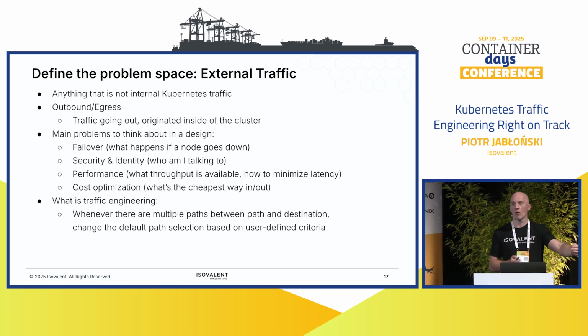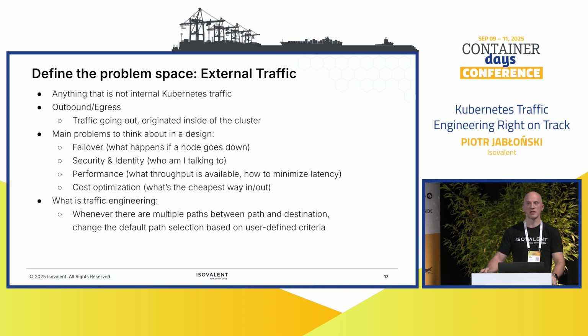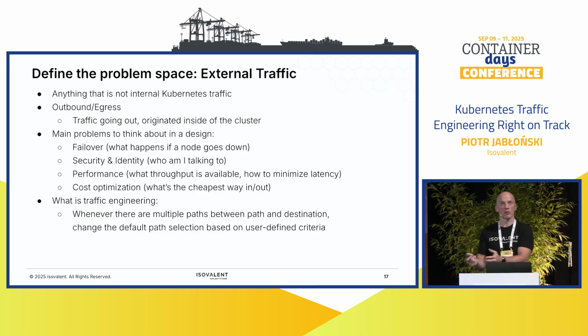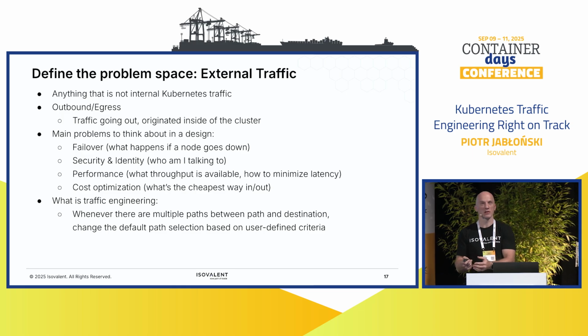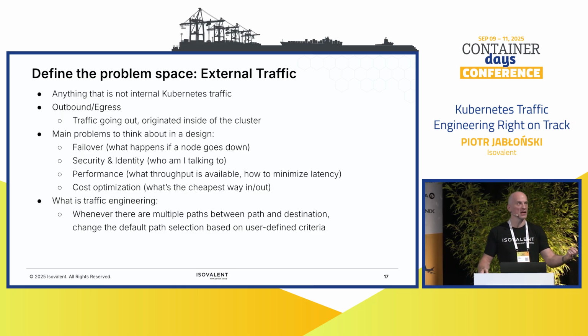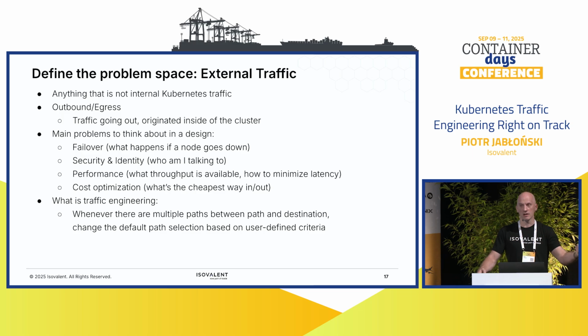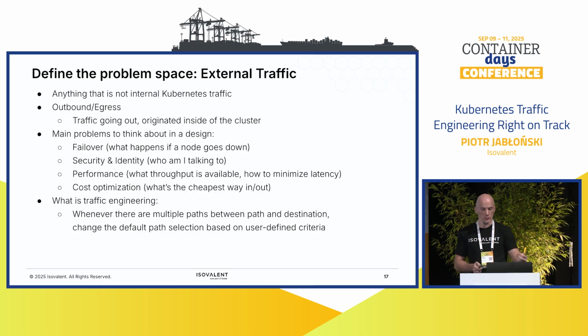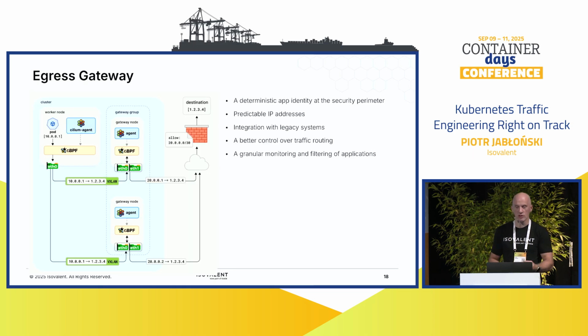How do you know which application is leaving the Kubernetes cluster on the next generation firewall? The next generation firewall doesn't have the context of Kubernetes. How do you identify the application? The only way to identify the application is through the IP address. So you need to have a deterministic IP address. And for that purpose, you can use a function which is called egress gateway.